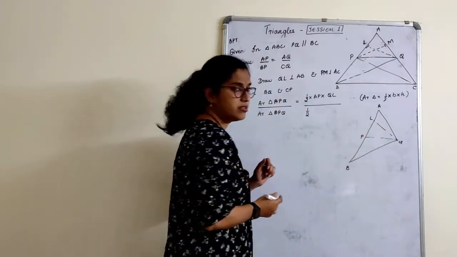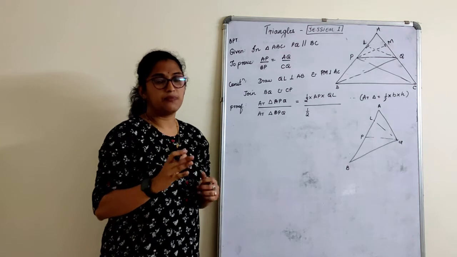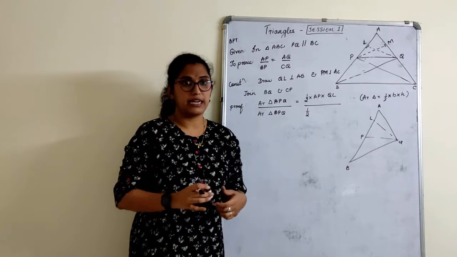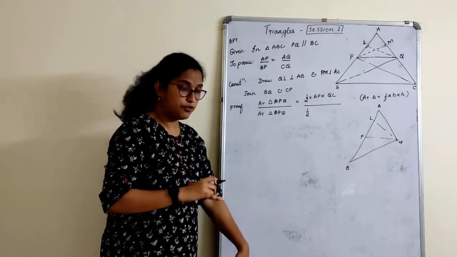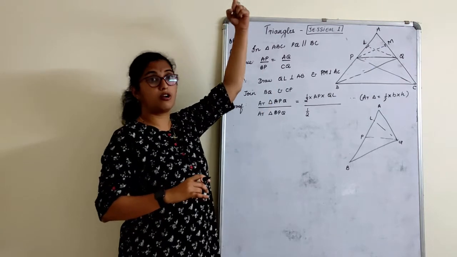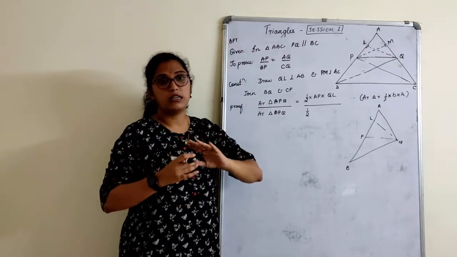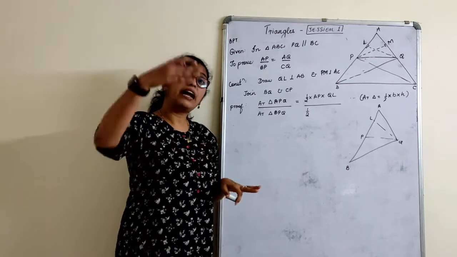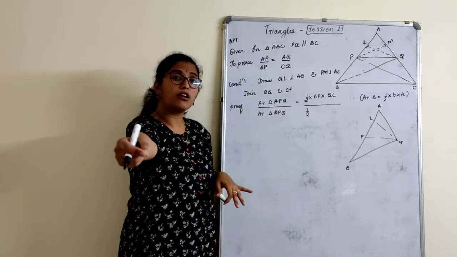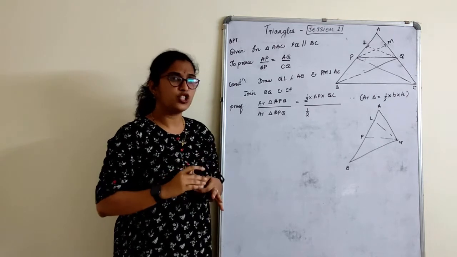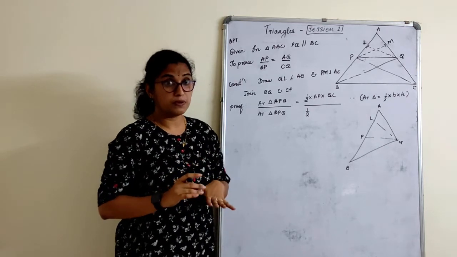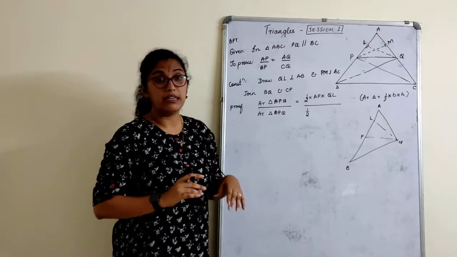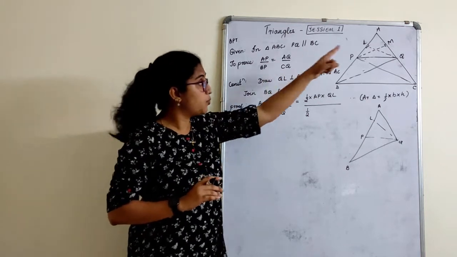What is height? Height is always the same. Suppose you are standing in this room. If I measure the height from the floor to the top, it measures around 11 or 12 feet. If I stand at the corner of the room and measure the height, will it change? No, it has to be the same. Now this is a triangle, and in a triangle also there is one vertex.